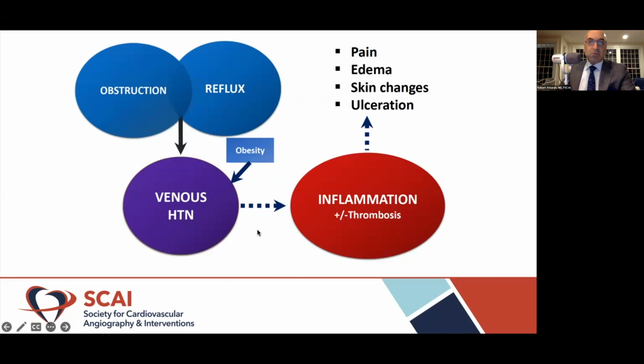And this the readership will be familiar with. What we've also added separately from above is obesity, which I think is an entity of its own, but many individuals with obesity that we see in our practice do have signs and symptoms of venous disease without necessarily having reflux.